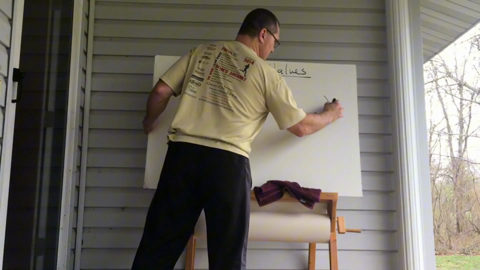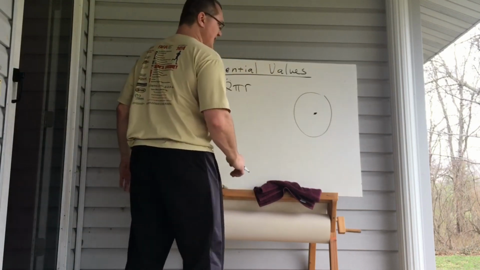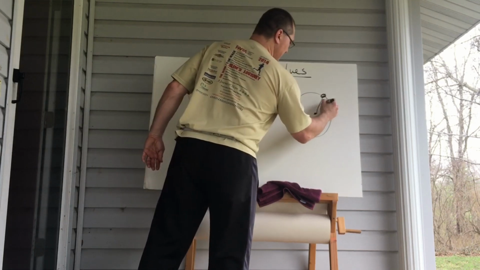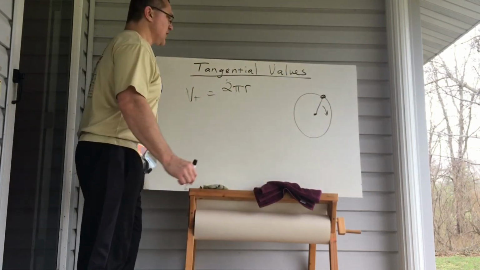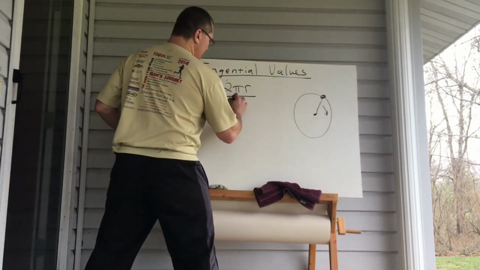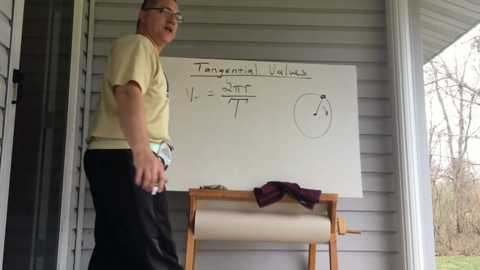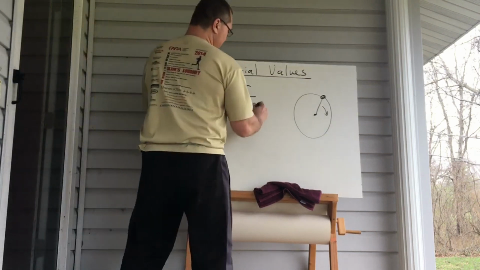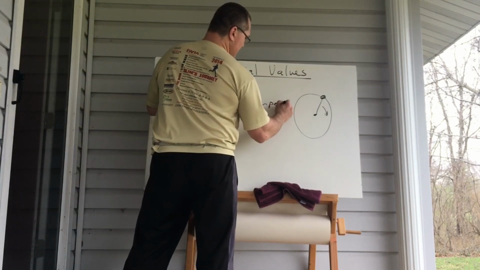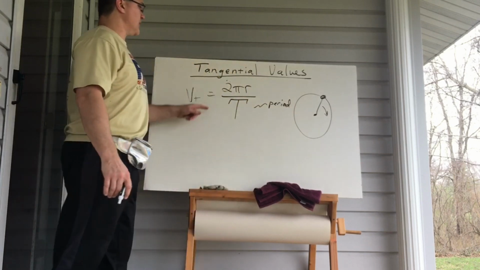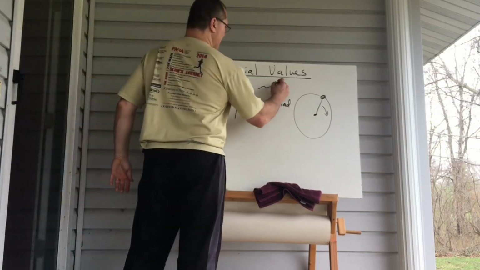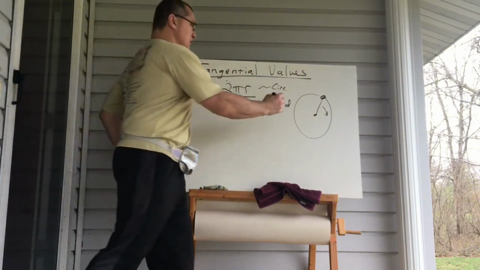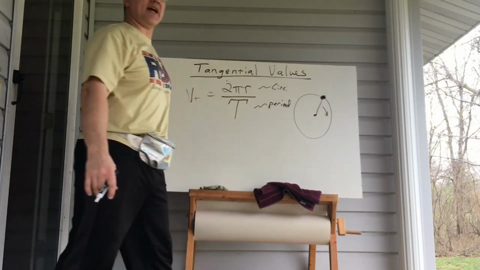So it is the distance all the way around the circle if something is rotating on the circle, and then the time is going to be the period that it takes to complete one cycle. That is what period is. This fancy T is known as period in physics. So it's still a distance over time, but you are using the circumference of the circle divided by how long it takes to complete one true cycle.